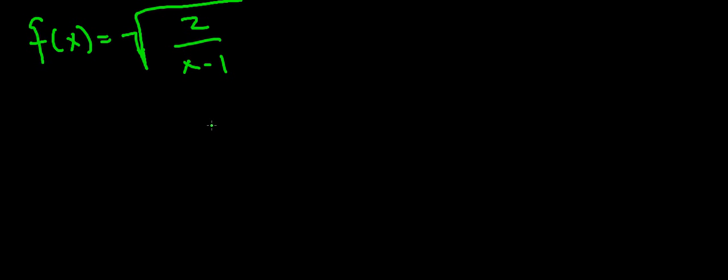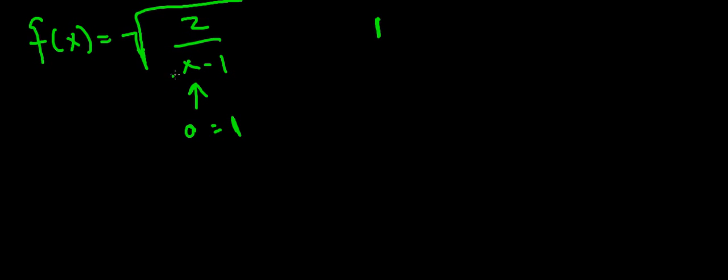We can have a 0 in the denominator and we can have a negative under a radical. So first let's do the 0 because that's generally easier. The only number that can give us a 0 here is 1. So 1 is not included in our domain. So let's write that over here. 1 cannot be included in the domain.